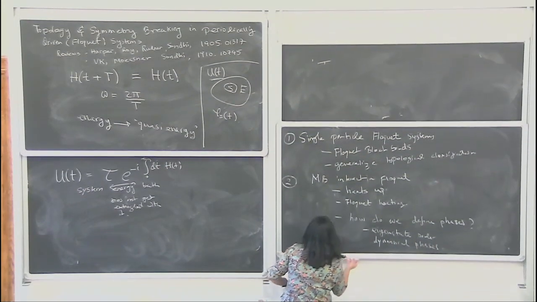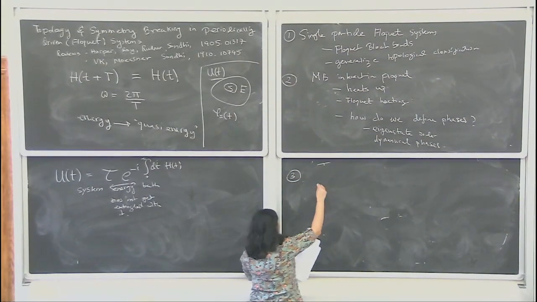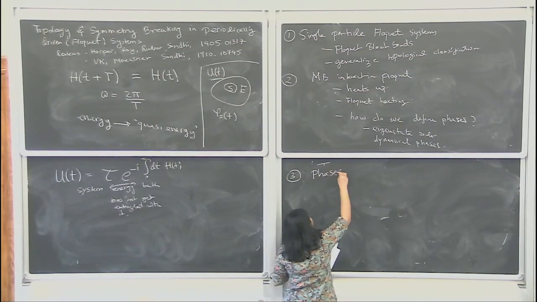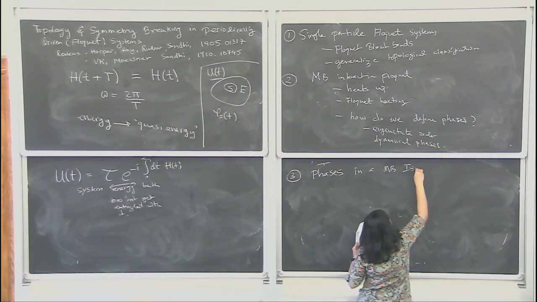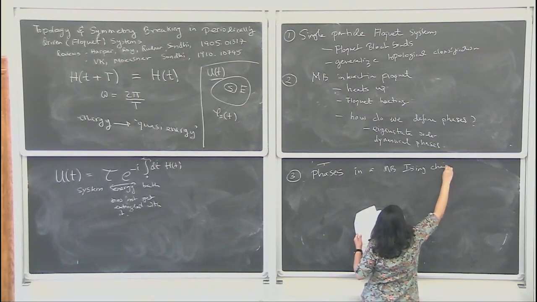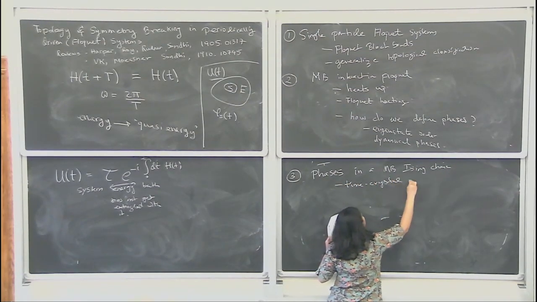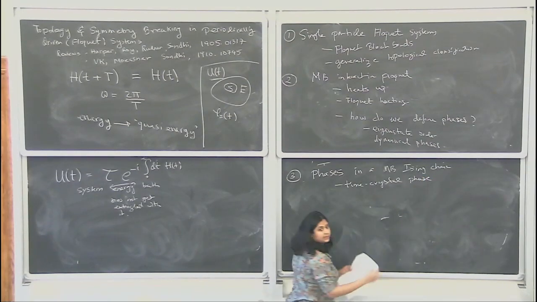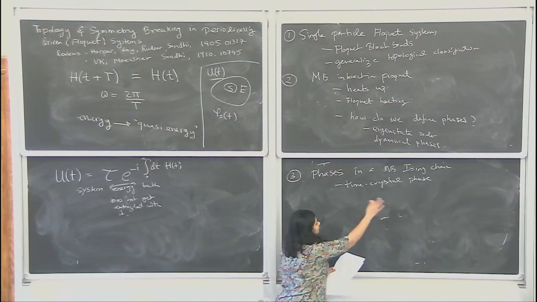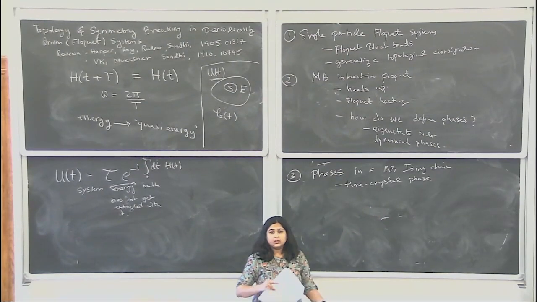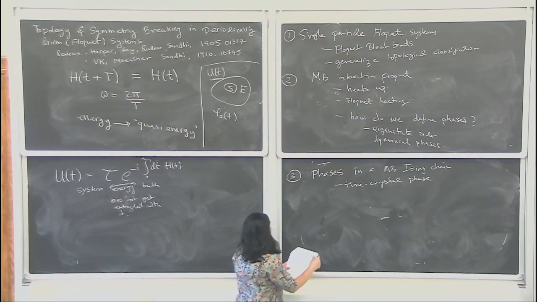Then we'll put the two together and consider a specific example, which is phases in a many-body Ising chain. This will lead us to the so-called time crystal phase, which is a phase of matter that only exists in this out of equilibrium setting and doesn't have any equilibrium or static analog, and we'll describe the properties of this phase.